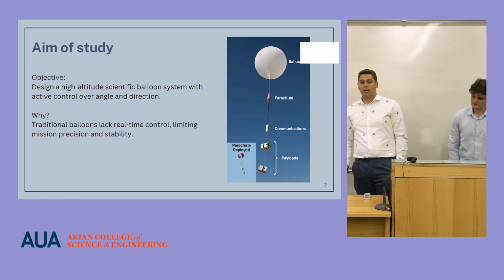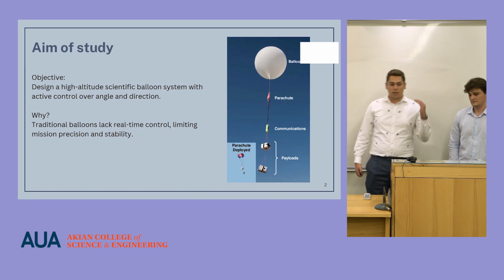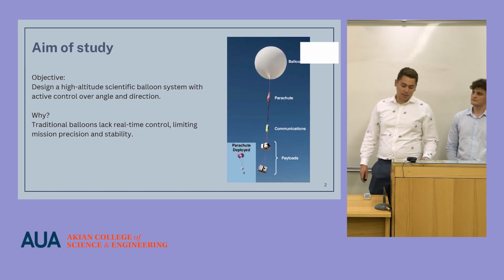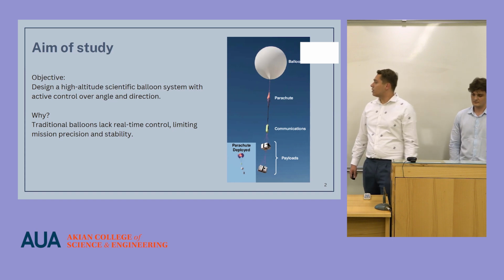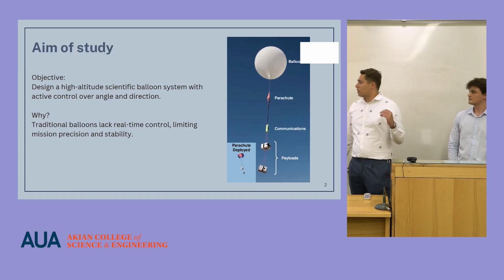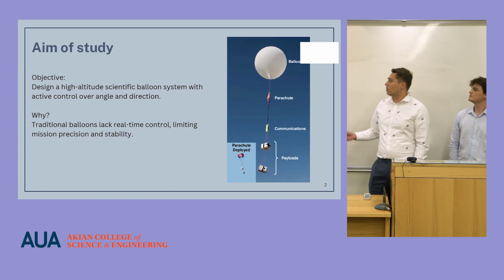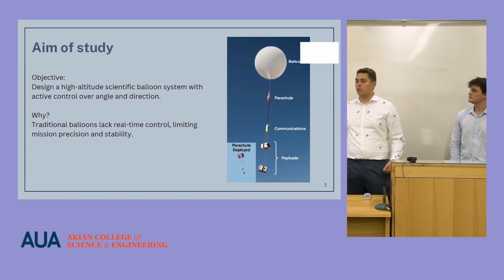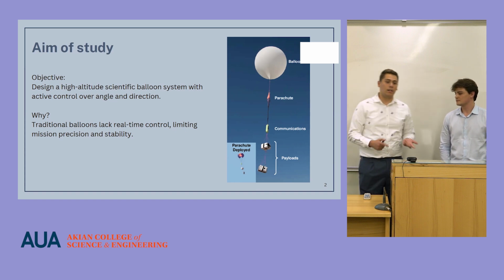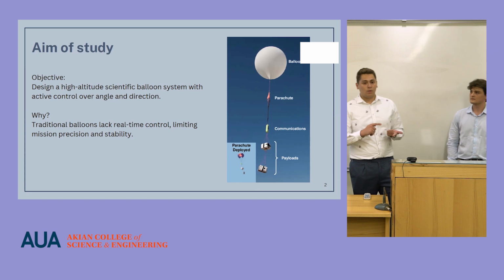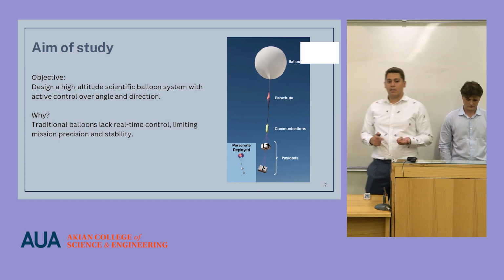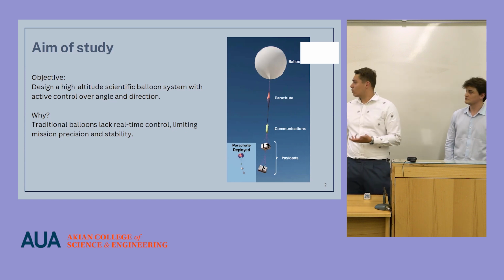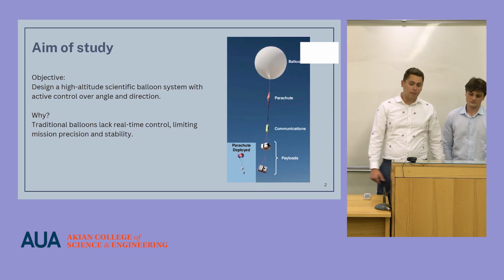This system can reach up to 50 kilometers in altitude, which is the stratosphere layer. Only rockets and satellites can otherwise reach it. Rockets are very complicated systems, and satellites are much more expensive than this system.